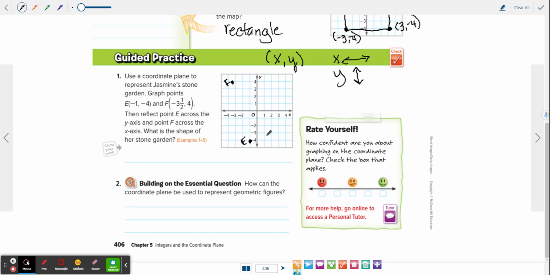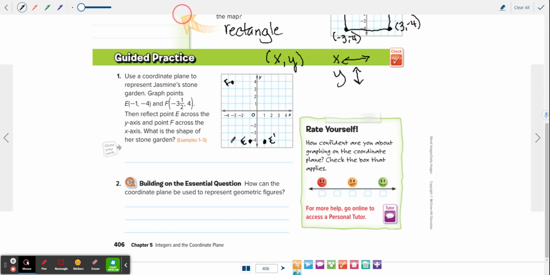Then reflect point E across the y-axis, so across this line. Okay, so it's going to be at 1, -4. I'm going to put E1. And point F across the x-axis, so it's coming down to -4.